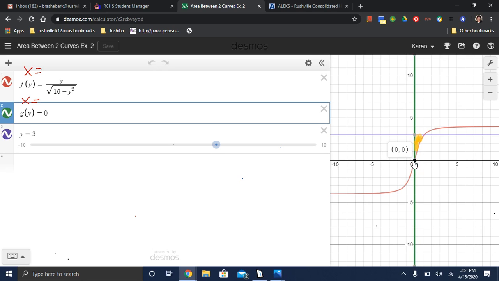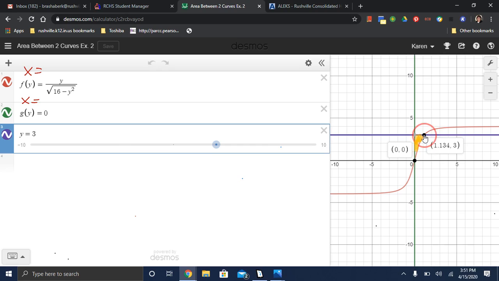And so we've got 0, 0, because we have our boundary here between these two curves. They intersect at 0, 0. And then we also were given an additional boundary of y equals 3. So we're going to find where our curve, our red curve, intersects with the horizontal line y equals 3.